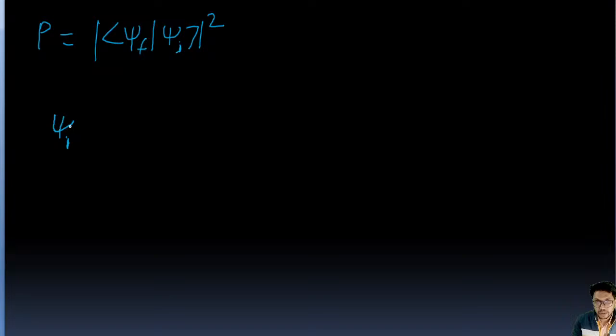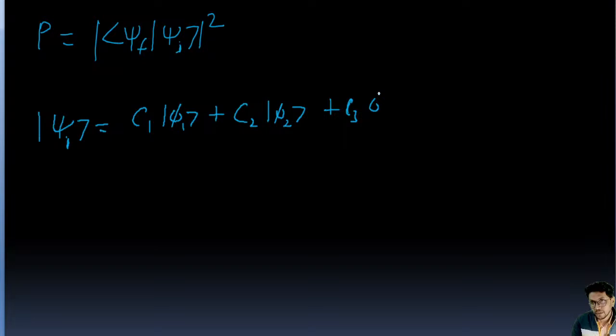How are we going to find out psi I? Psi I is c1 phi 1 plus c2 phi 2 plus c3 phi 3.